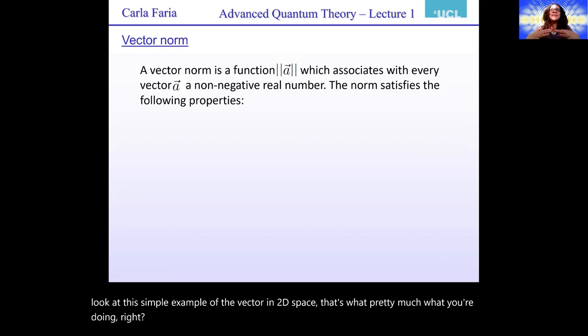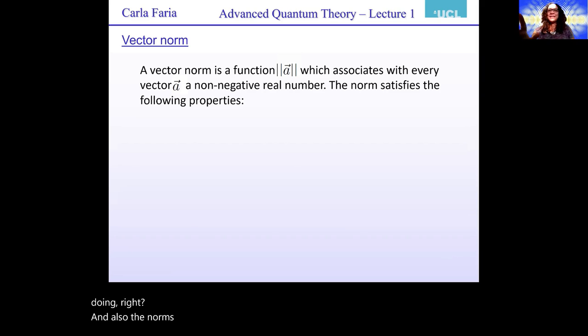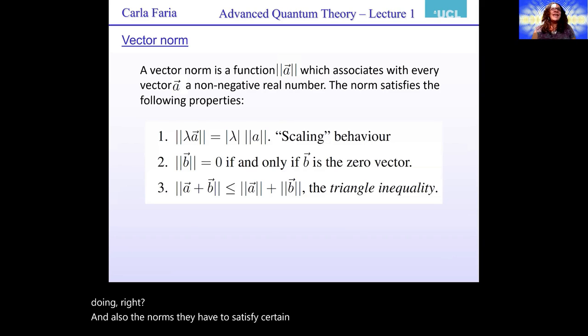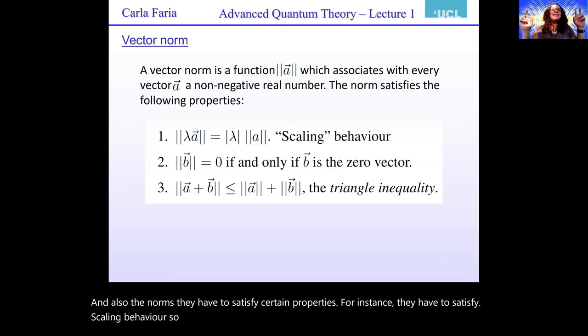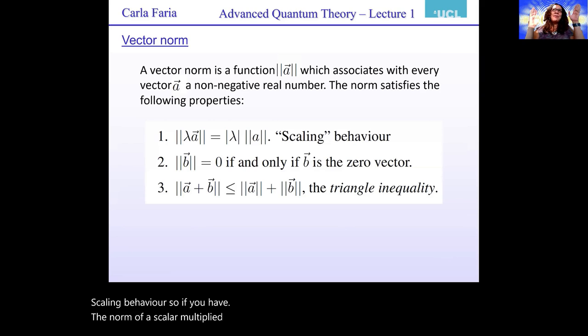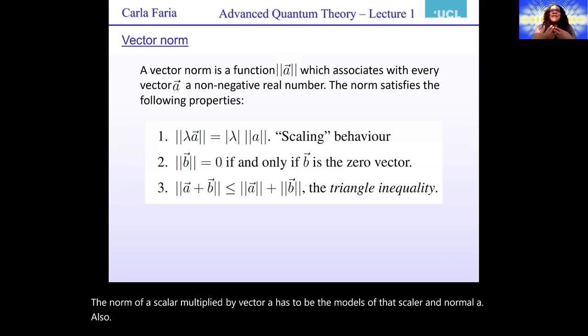And the norms have to satisfy certain properties. For instance, scaling behavior: the norm of a scalar multiplied by vector A has to be the modulus of that scalar times the norm of A. Also, it will only vanish if A is the zero vector. Okay, unless you tweak it.